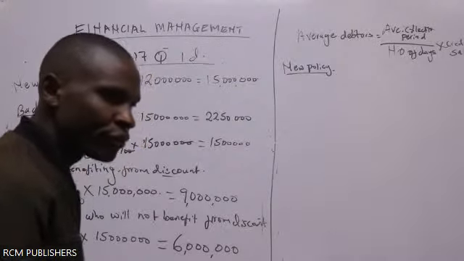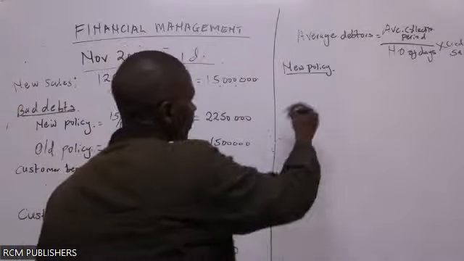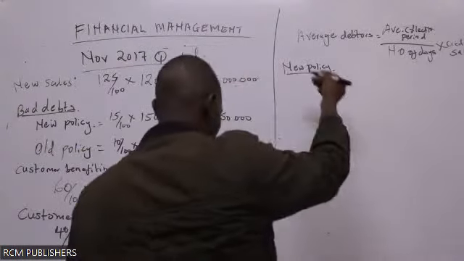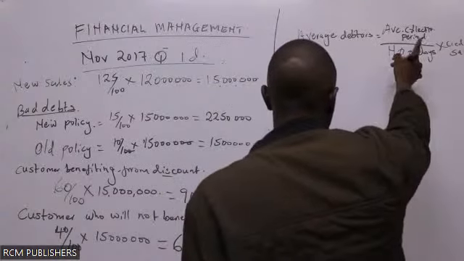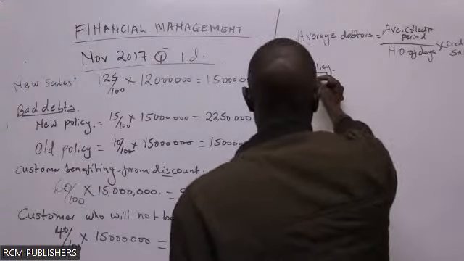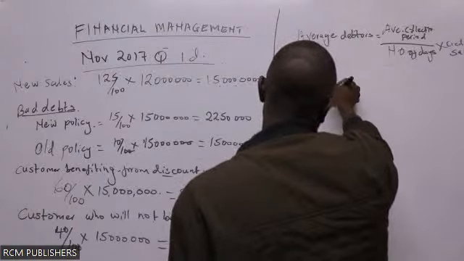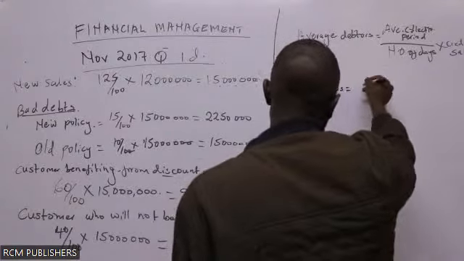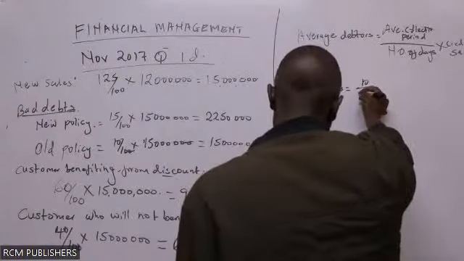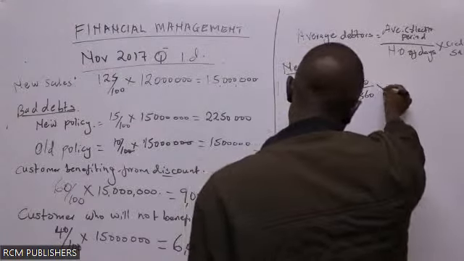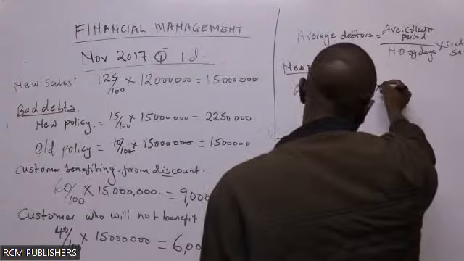Mwenye atalipa within the 10 days, ndiye atapata discount, 3/10. 10 is the correction period. So average data equal to 10 over number of days, remember 360, and then I multiply by my credit sale.